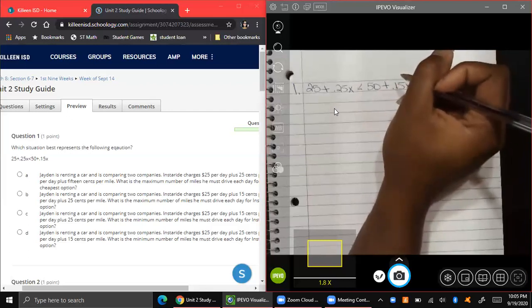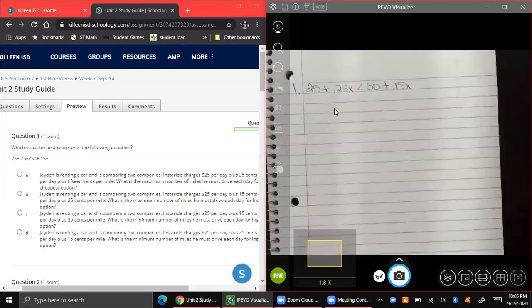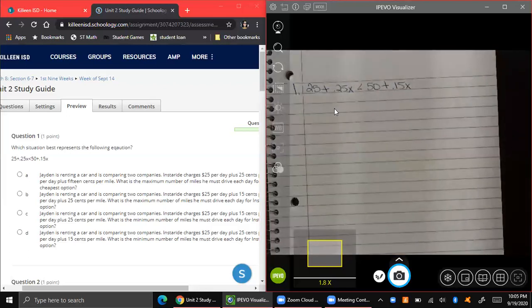So at this point, I am going to begin by reading each one of the answer choices, each scenario, and creating my t-charts to see which one matches up with my inequality.